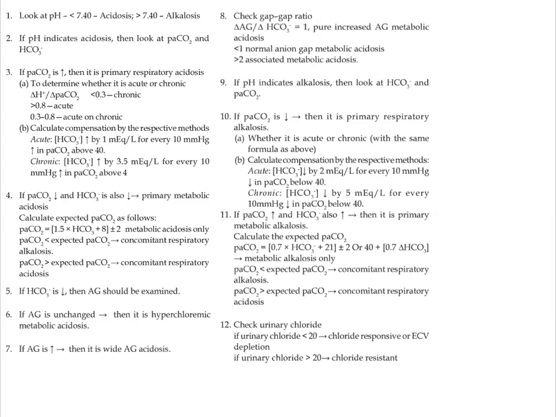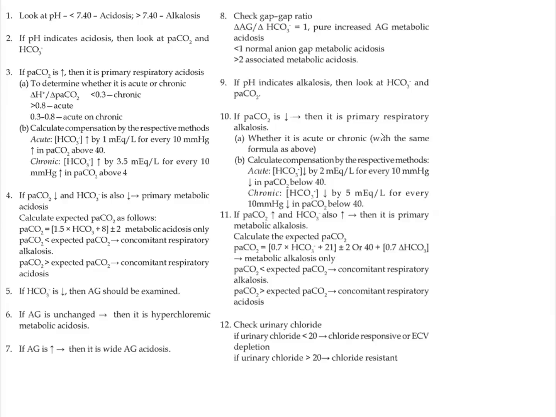For easy remembrance, if your delta gap ratio is 1, it is pure HAGMA. If it is less than 1, it is NAGMA. If it is more than 2, it is associated with metabolic alkalosis. Metabolic acidosis plus metabolic alkalosis if your gap ratio is more than 2.